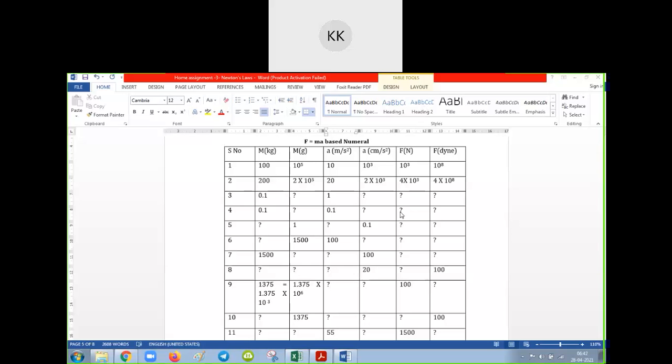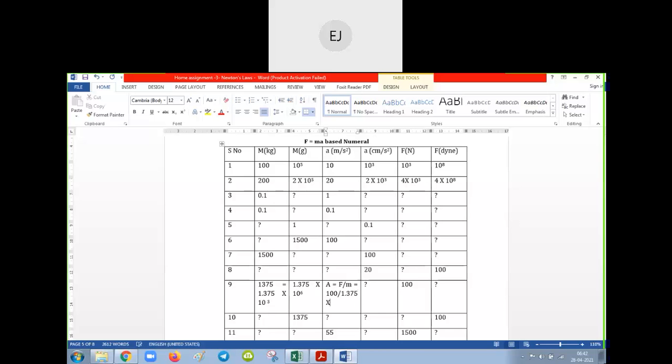Then next, force is given and mass is given, so acceleration you can find out. Acceleration is nothing but force by mass. So acceleration is equal to F by m, which is equal to 100 by mass 1.375 into 10 power 3.